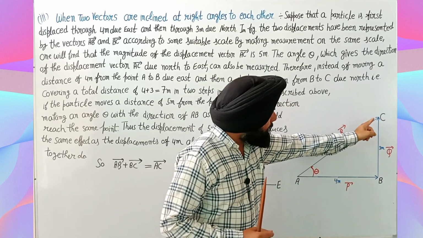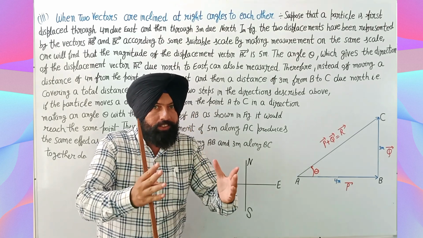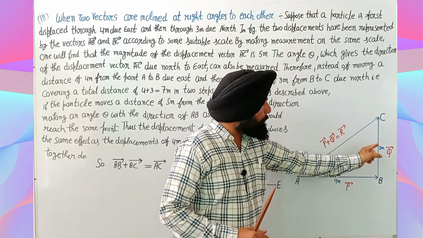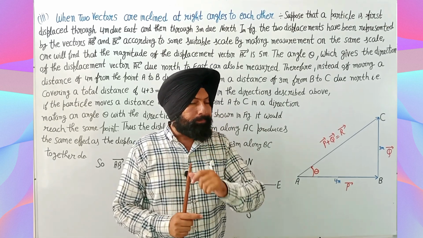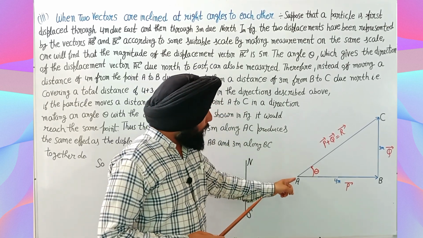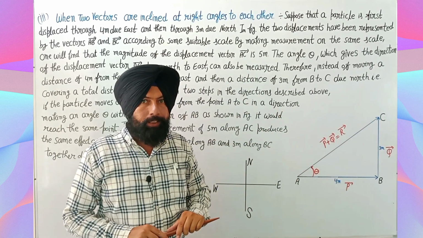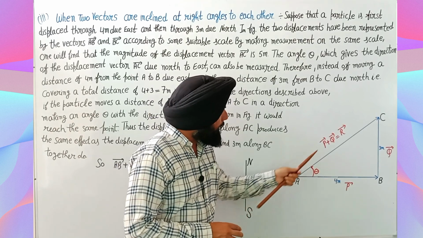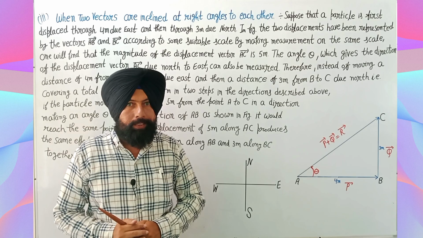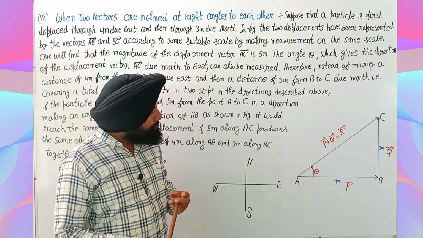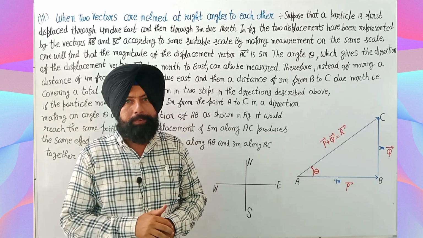Now it reaches the point C in 2 steps, and the total distance covered is 4 plus 3, that is 7 meters. But from A to C, if the particle moves making an angle theta, then it covers 5 meters distance.